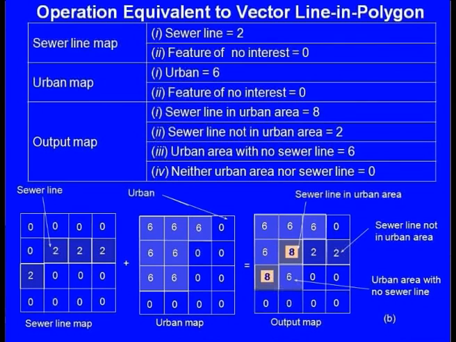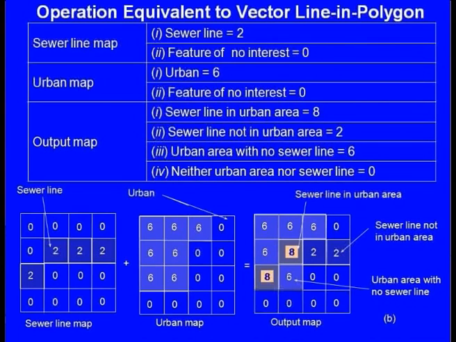Wherever the sewer line is not in an urban area, it is going to have a value of 2. Urban areas with no sewer lines will have a value of 6, and where there is neither urban nor sewer line, it will have a value of 0.